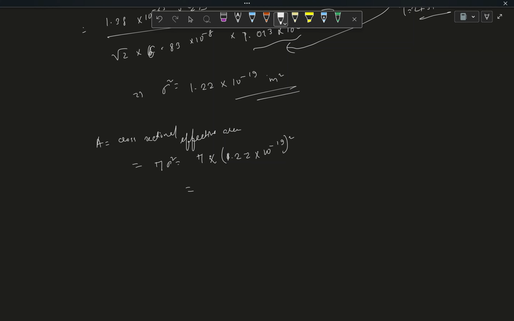So this will be 3.83 into 10 to the power of minus 20. There will be no squared because this is already in sigma square terms. This is just 38.3 into 10 to the power of minus 20.